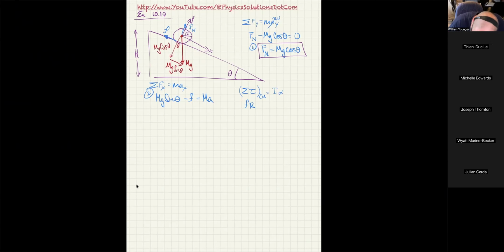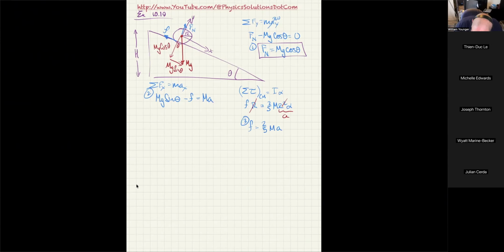So the friction force times R is the only torque that's acting, and that's got to equal 2/5 mr squared times alpha. But one of those r's times alpha can actually be a. So if I cancel this out, then what's left here is just a. So that tells me my friction force is 2/5 m times a, and that's going to be equation 3. That'll come in handy. We're going to need that in a second.